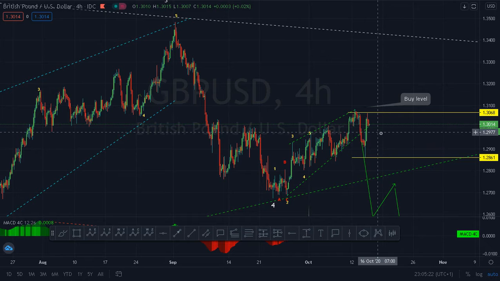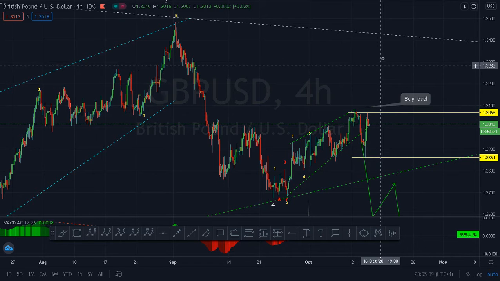So we might still have a sell. The market might still go down or it might go up. What will happen is that you keep watching. If it breaks this area, you can buy.